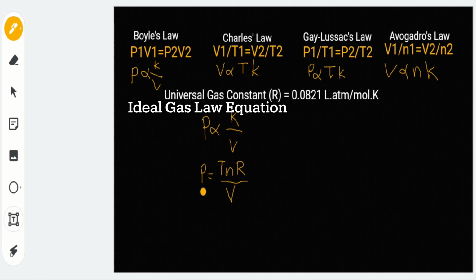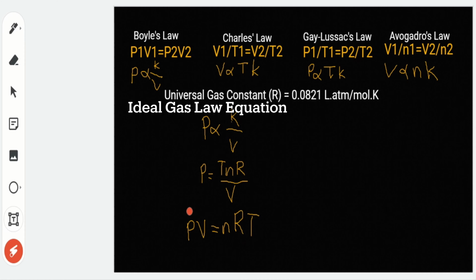If we rearrange this, it will look like pressure times volume is equal to the amount of gas in moles times the universal gas constant and the temperature in Kelvin.